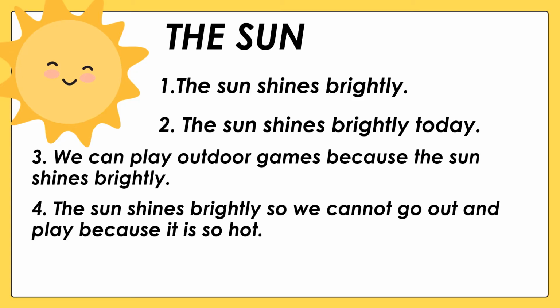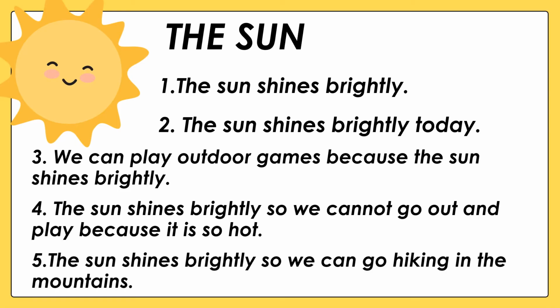Fourth, the sun shines brightly so we cannot go out and play because it is so hot. And fifth, the sun shines brightly so we can go hiking in the mountains.